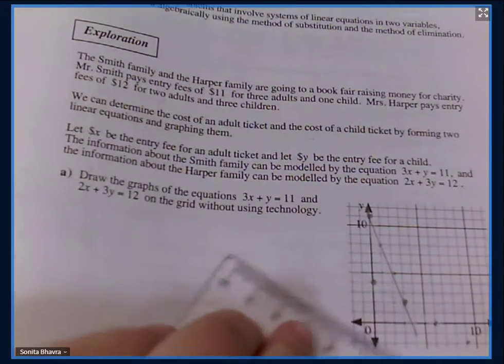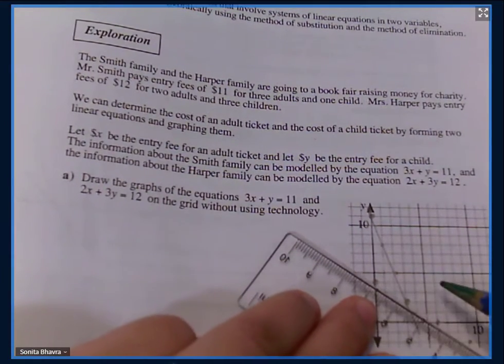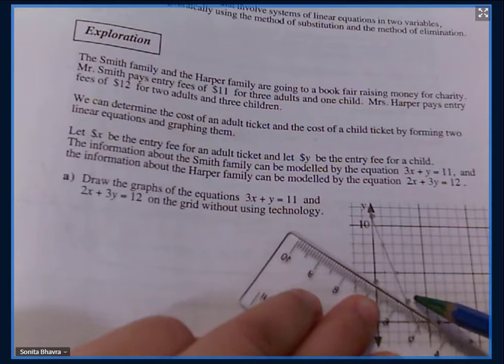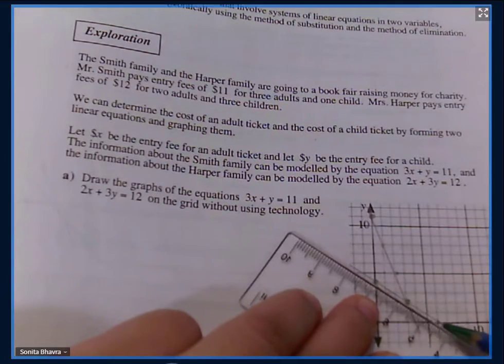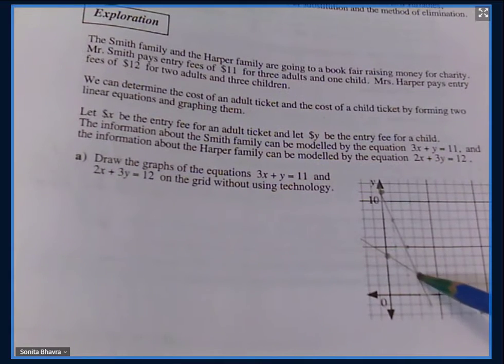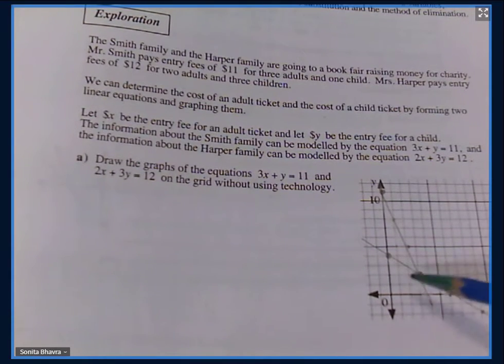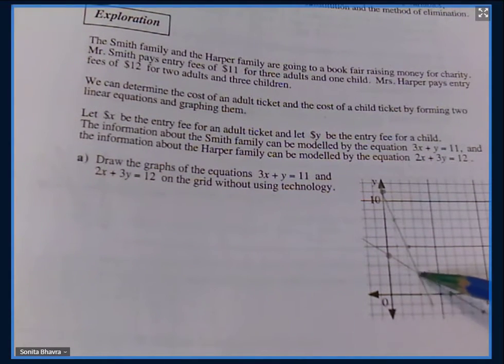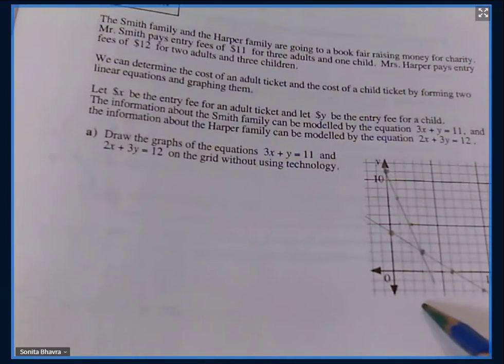So you can see now where the two lines cross. The two lines are crossing right here, and that point is at 1, 2, 3, and 2. So that point is at (3, 2).